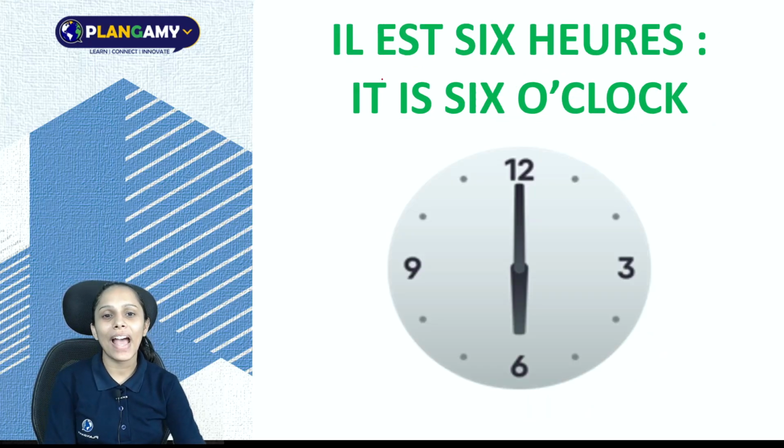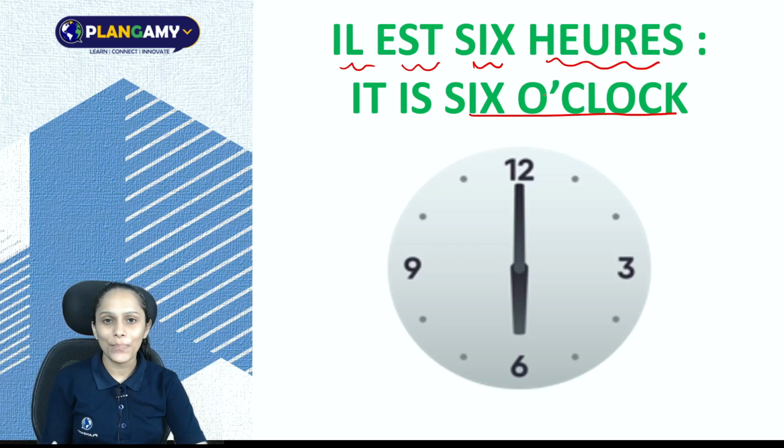Next, we have il est 6 heures. Now, here it means it is 6 o'clock. So, what you have to do again, you have to just learn this sentence il est dash heure, and then you have to fill in the numbers, the time. So, it will give you your answer that it is 2 o'clock in the evening or it is 2 o'clock in the morning.